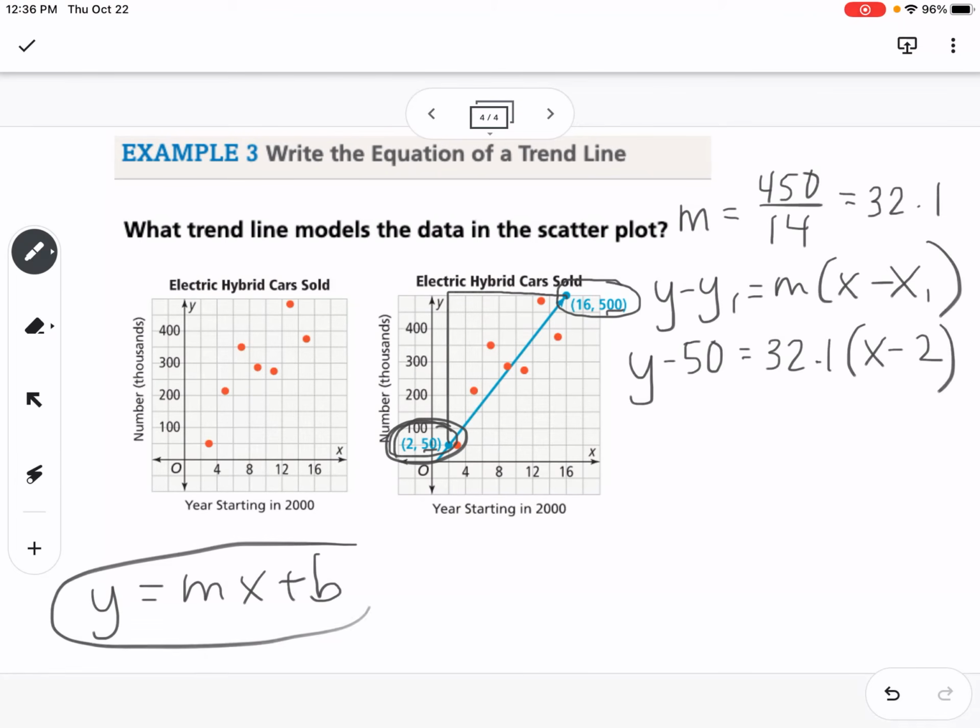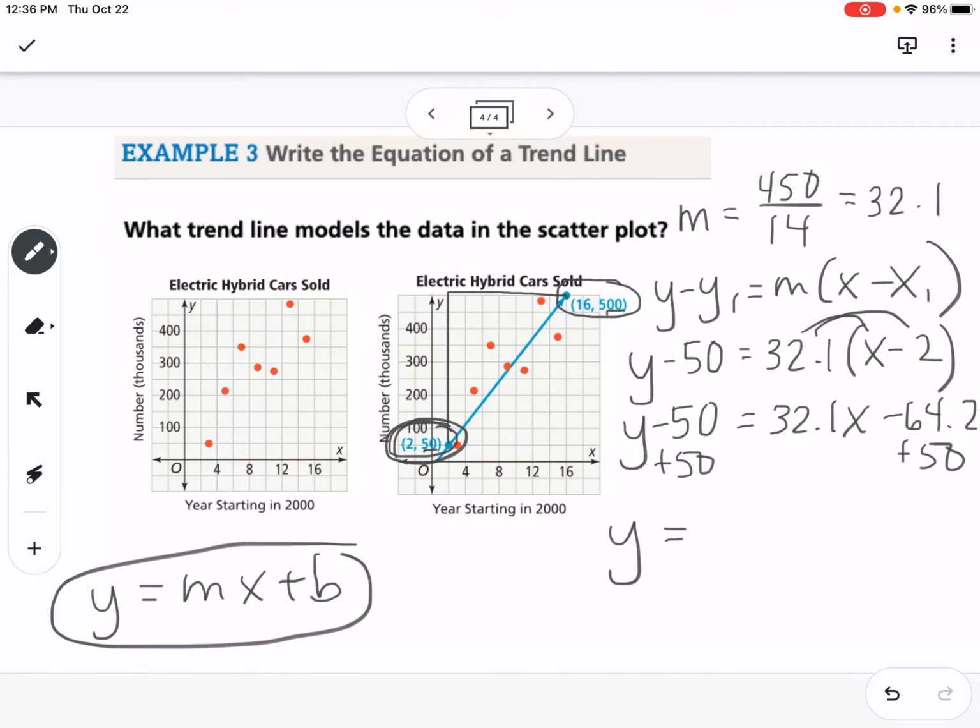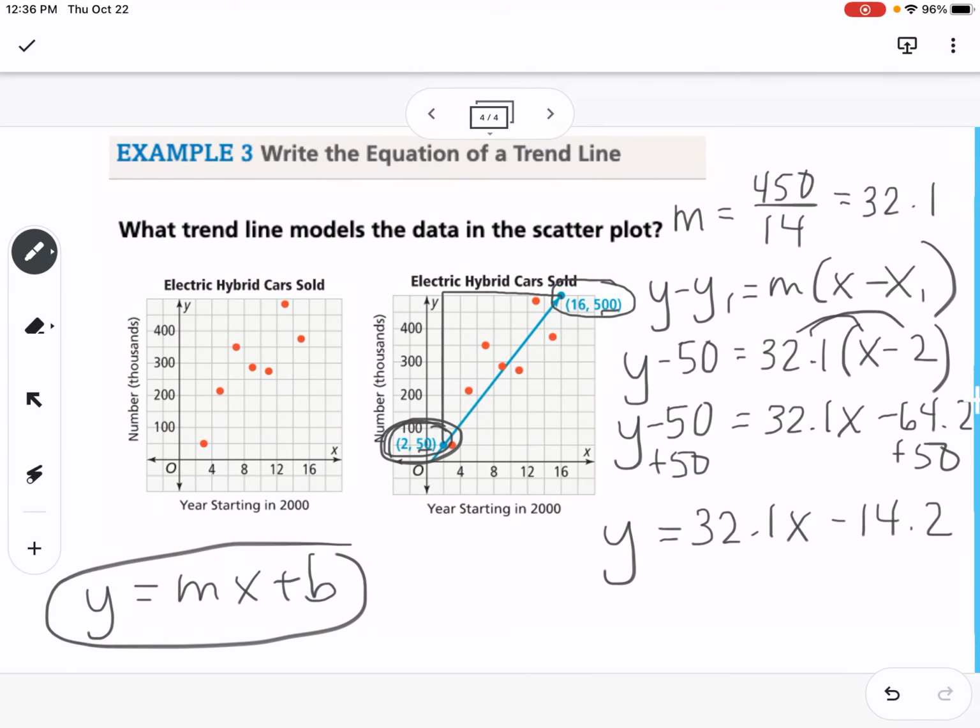Now I eventually want my equation in y equals mx plus b, so I'm going to distribute the 32.1. So that would be 32.1x minus, if I take 32.1 times negative 2, I get negative 64.2. Then I'm going to add 50 to both sides. So my equation would be y equals 32.1x minus 14.2.